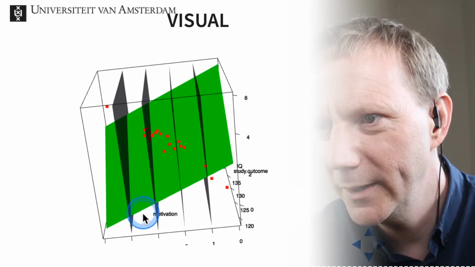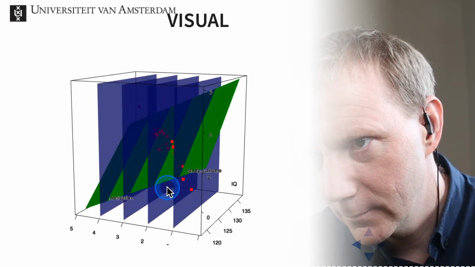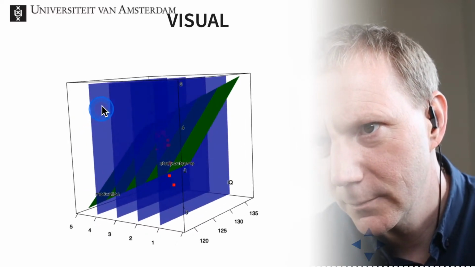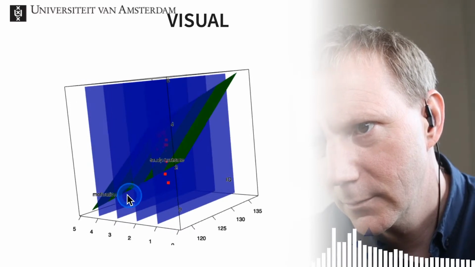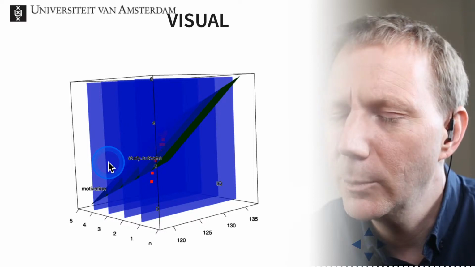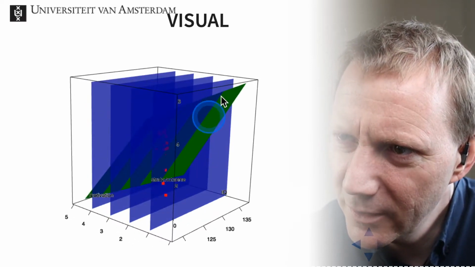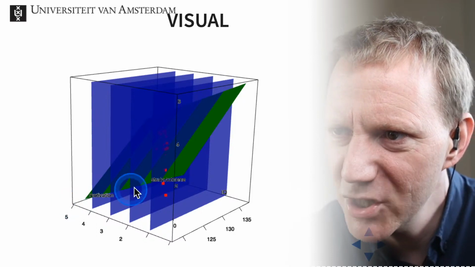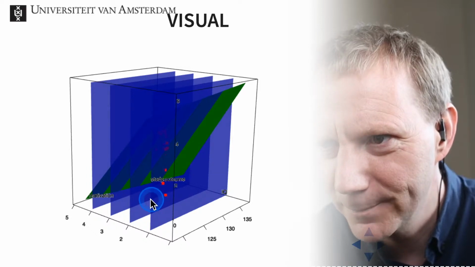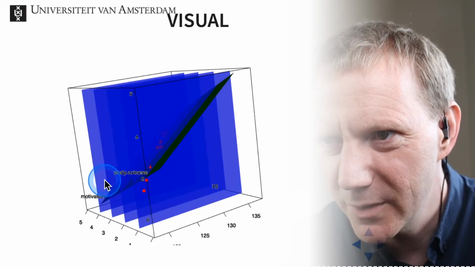The distance between what? The dots and the blue planes? No, the blue planes are only there to visualize the lines. So we only have the regression plane in green, and we have the red dots. So what would be the explained part of the variance if you look at this?